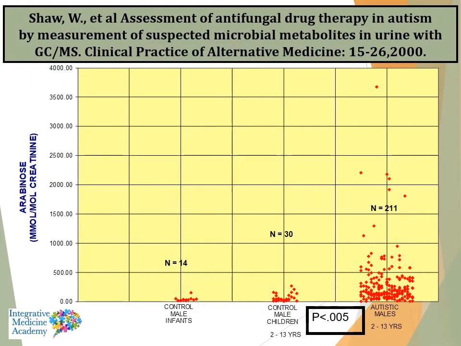And one of the things that Dr. Shaw from Great Plains Lab had highlighted many, many years ago was that autistic individuals tend to have very high levels of arabinose. It's not that neurotypical individuals don't have some, but it's the autistic kids that tend to have a lot higher levels. They're also much more susceptible to the existence of these Candida toxins.